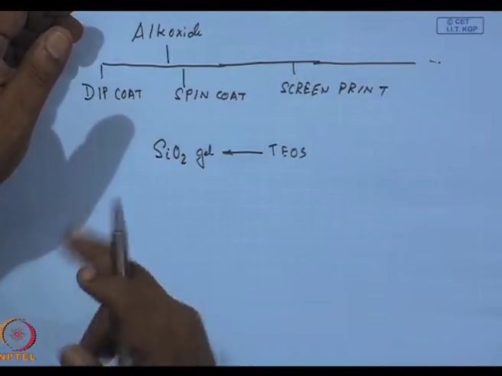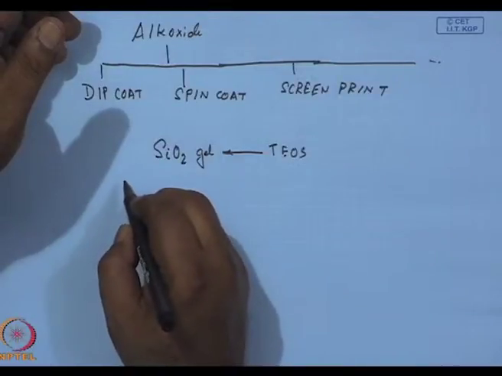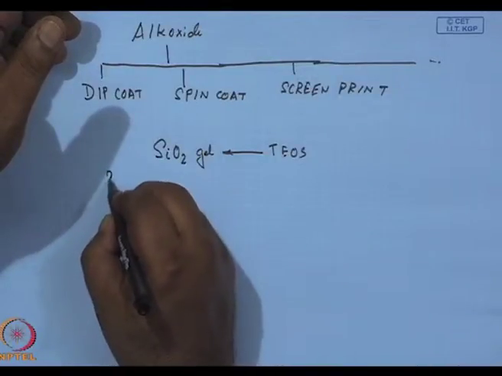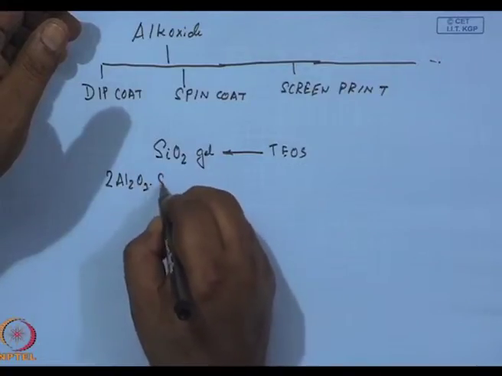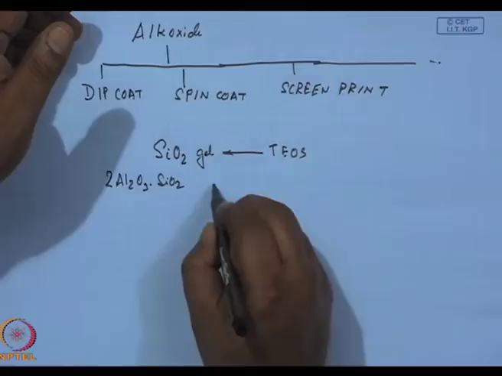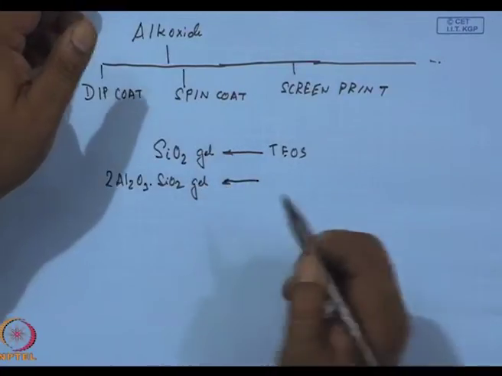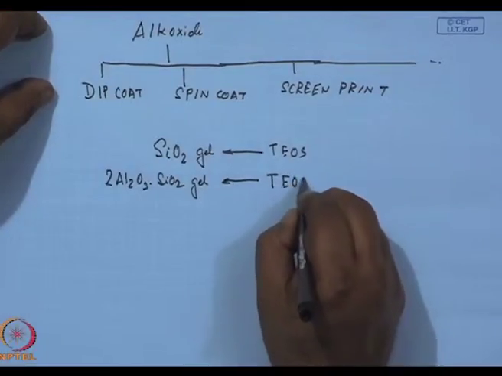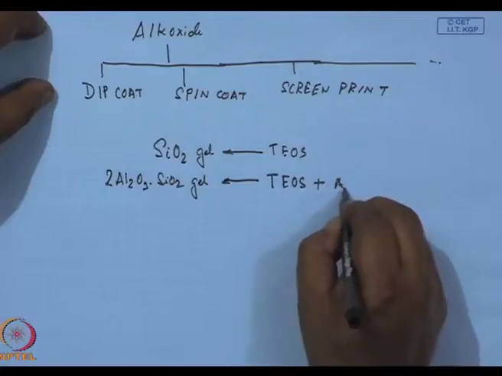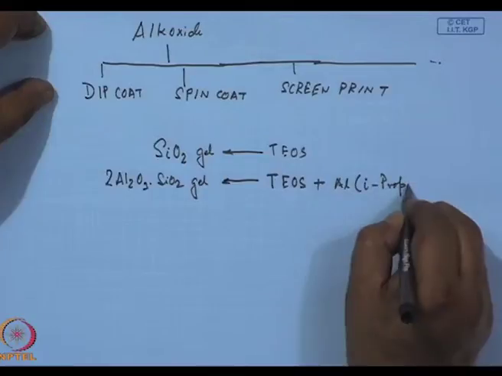But as I had stated during the powder preparation process in my earlier lecture, if I wish to get, let's say, 2Al2O3·SiO2 gel, what I would have to start off with is tetraethyl orthosilicate plus, say, aluminium isopropoxide.